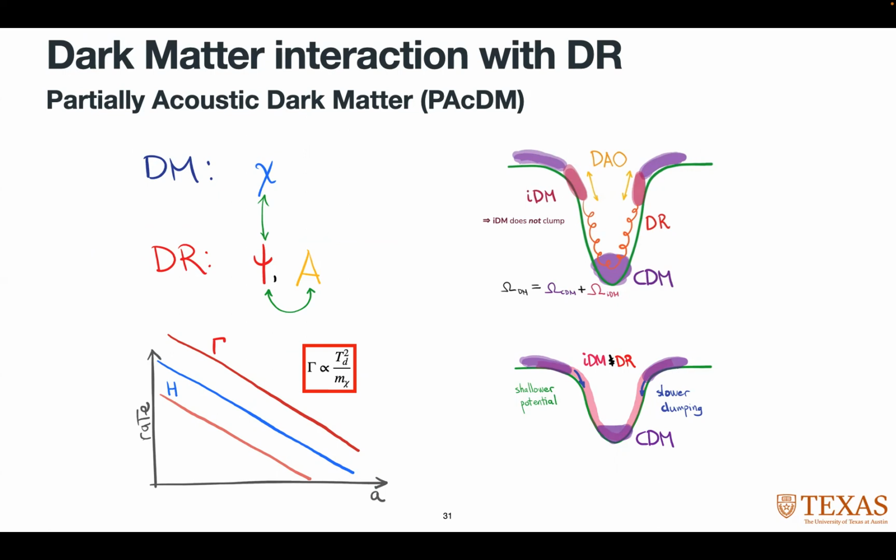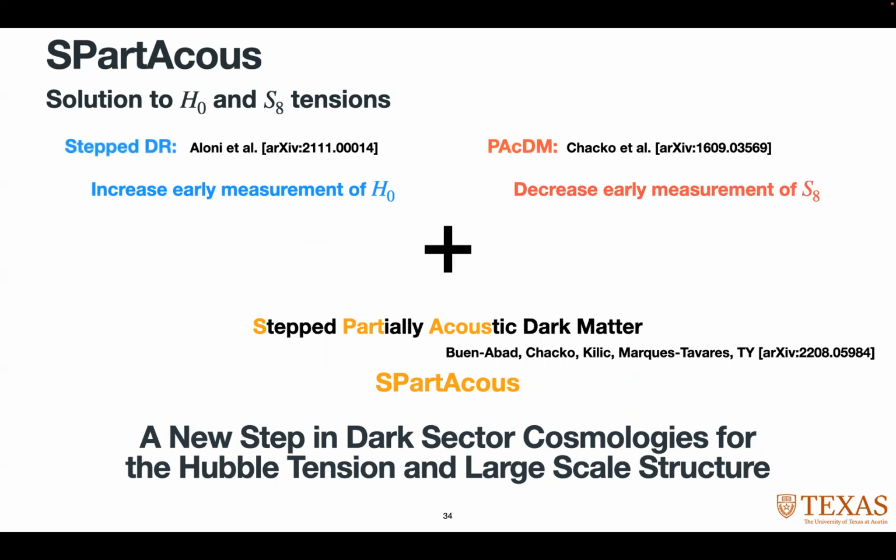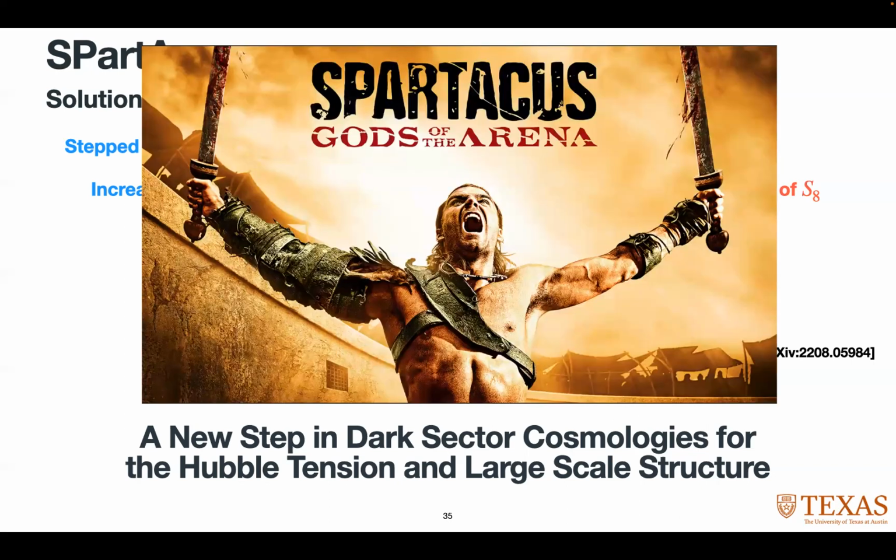So we need some cutoff to give a better number. That's why we combine these to work better, which is called partially acoustic dark matter, or, a little pun, SPartAcous. So this could be a solution in cosmology for Hubble tension and large scale structure.